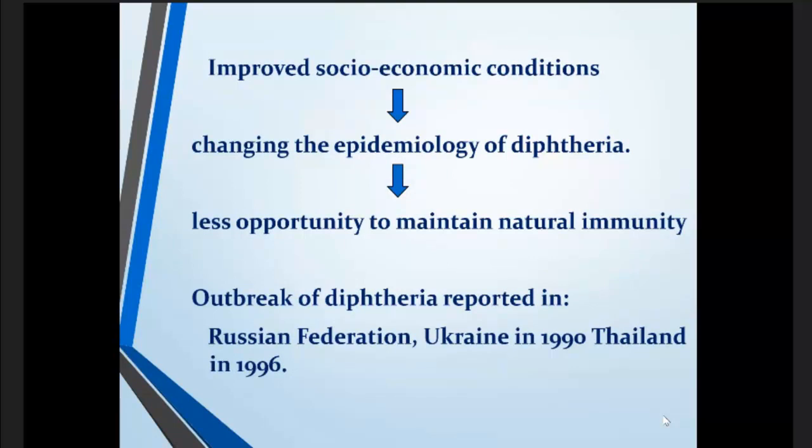One important thing regarding diphtheria: the improved socioeconomic conditions all over the world changed the epidemiology of this disease. This led to less opportunity to maintain natural immunity, especially through cutaneous transmission of disease in the type of cutaneous diphtheria, which is more common in developing countries, especially in African countries.